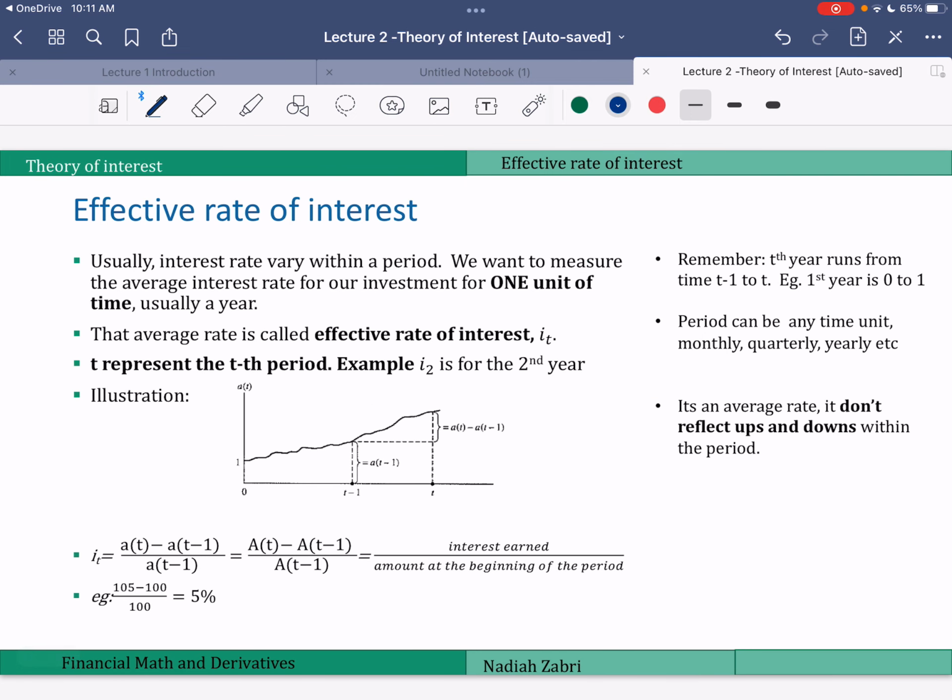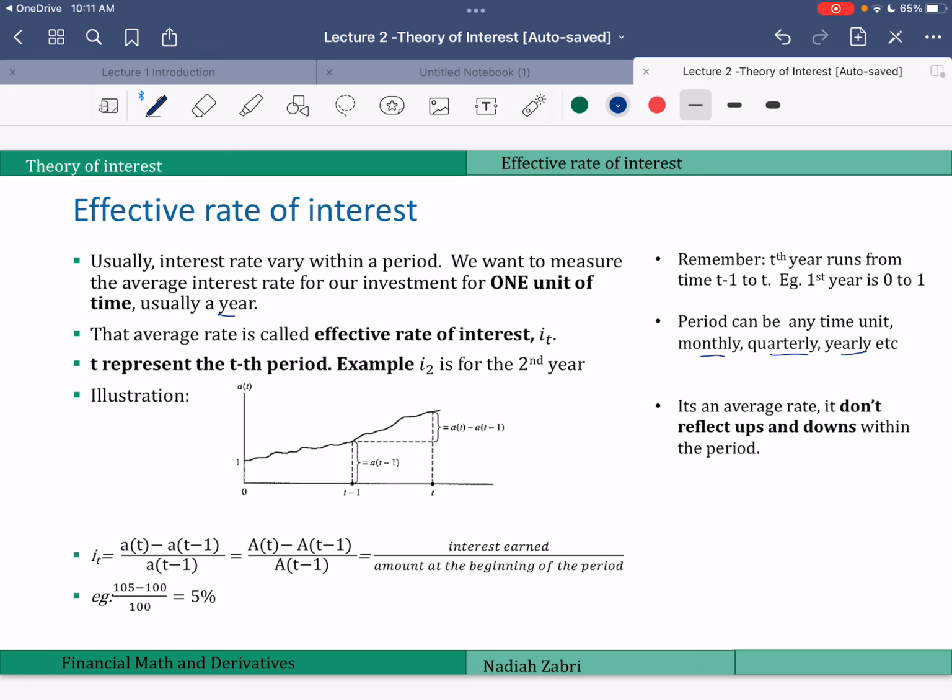Okay, what is effective rate of interest? Usually, interest rate vary within a period. So we want to measure the average interest rate for that period. So the period that we are talking about right now is annual, but it can be any period, right? Like monthly, quarterly, yearly. But now we are focusing on a year.